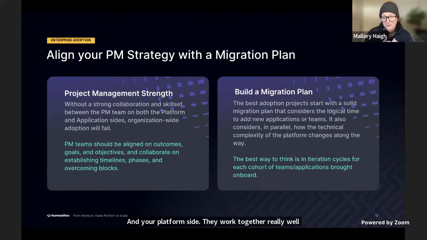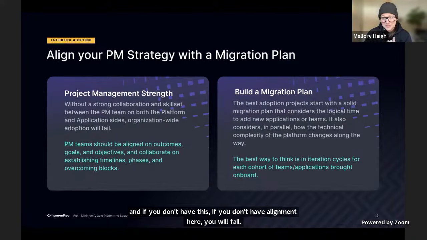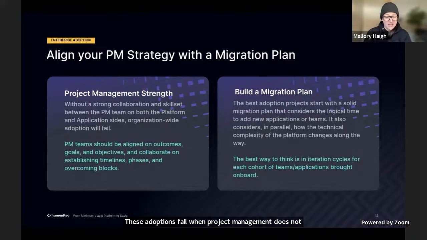These adoptions fail when project management does not work together and have the same alignment on outcomes, goals, objectives. They collaborate on the timelines, the phases, overcoming blocks that happen. They have to work together, and that is an incredibly critical thing. So don't forget that. It's also important, obviously, for smaller scale projects and MVPs, but really, really critical when you are going across a huge organization.